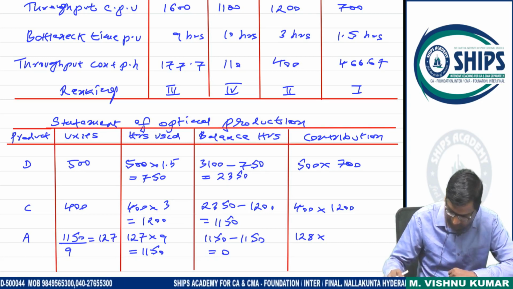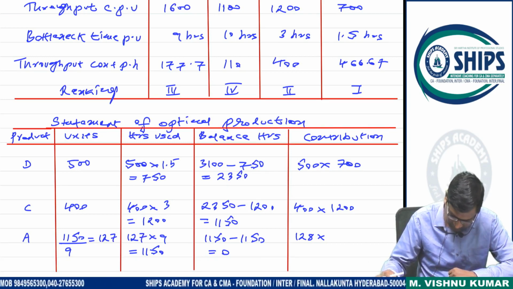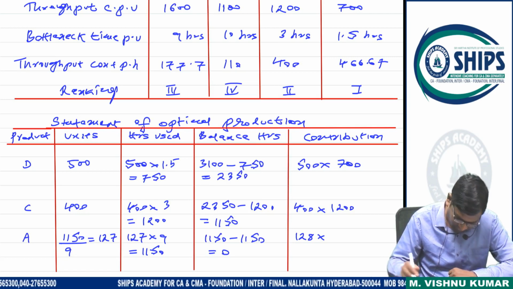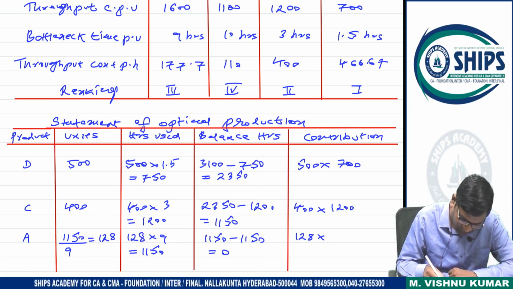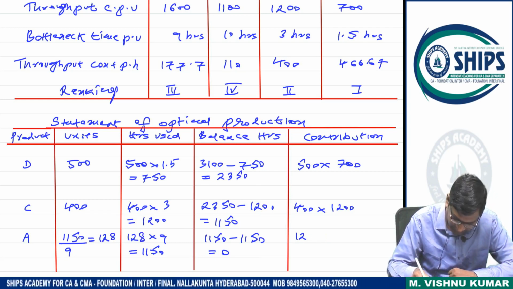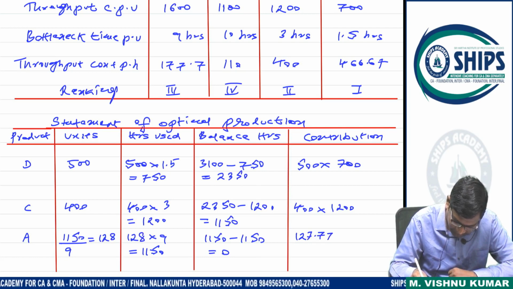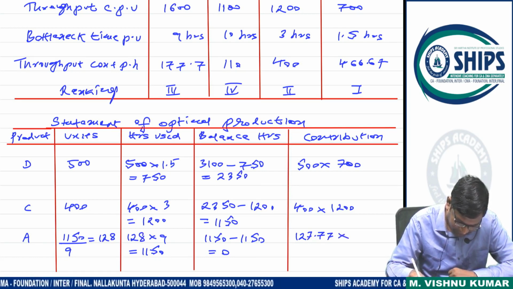If 127 into 9, then 1143 comes. That's why I have taken 128 here for rounding off purposes. So here I will take 127.77 only, into contribution of 1600.